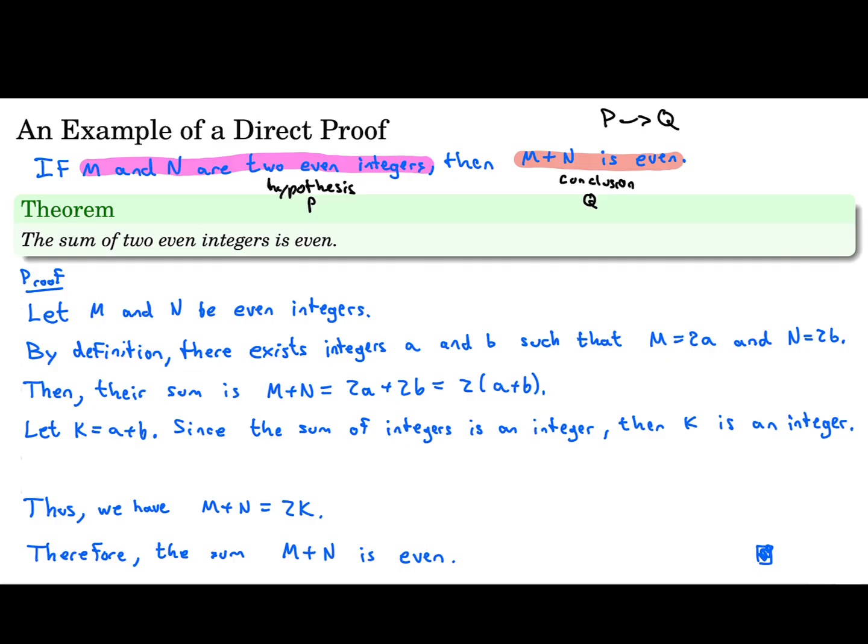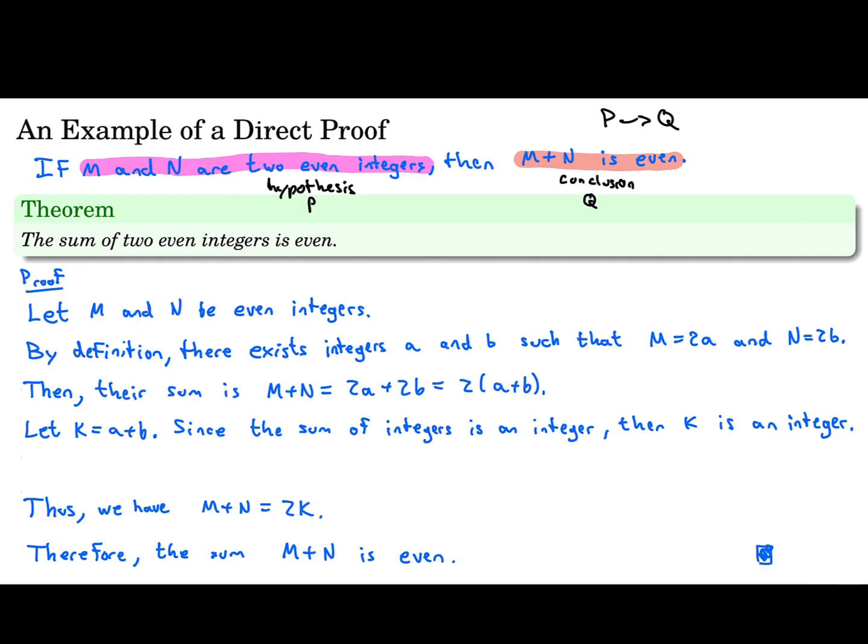Now if you call A plus B K, then since summing two integers is an integer, K is also an integer, and that means M plus N is equal to 2K. By the definition of even, therefore, the sum M plus N is even. And that's exactly what we wanted to prove.